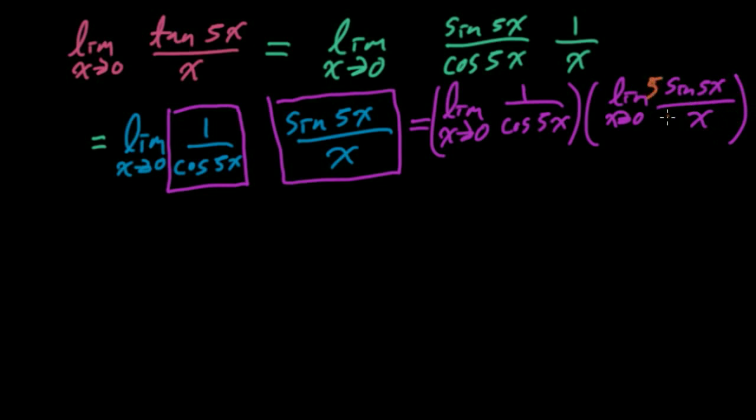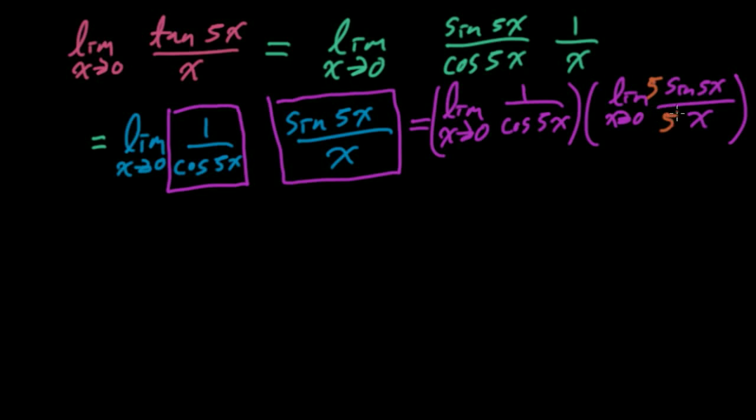We have a 5 there and a 5 there, right? And you can hopefully see that if we were going to simplify this expression, these 5s would cancel, and all we did was multiply this expression by 1. But it puts it in a much easier form for us to take the limit of.